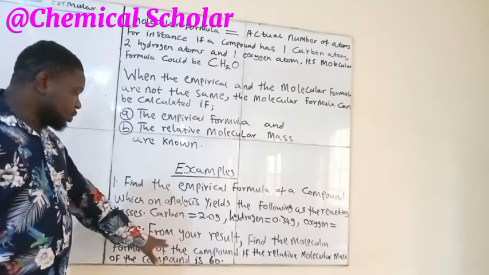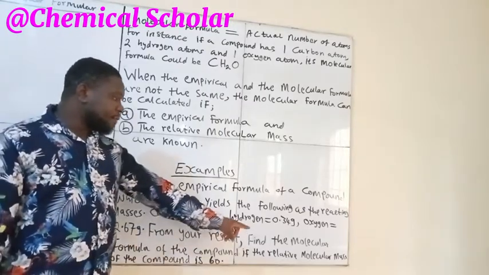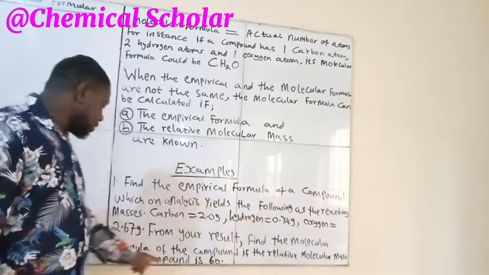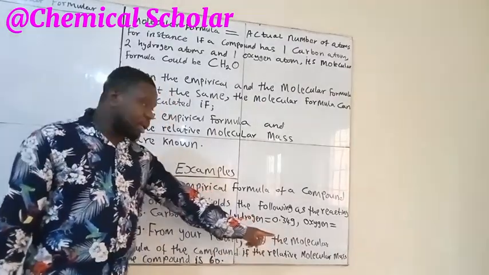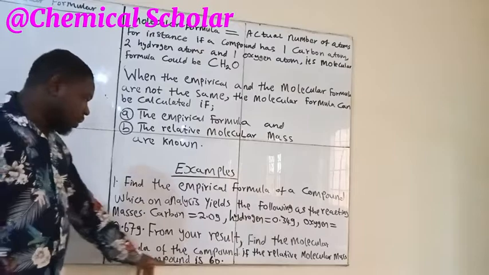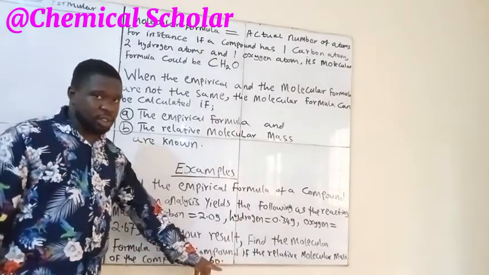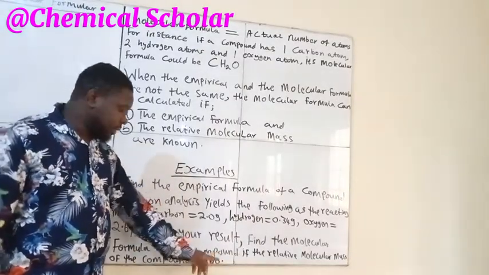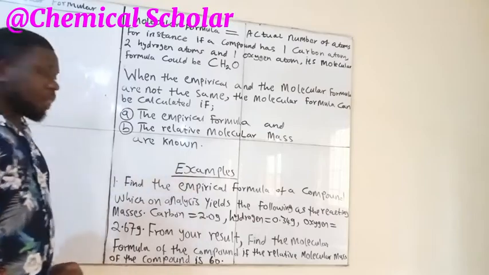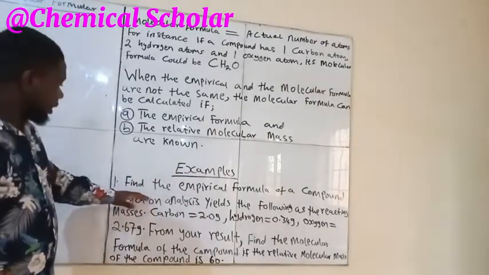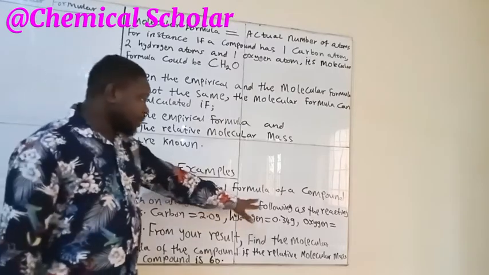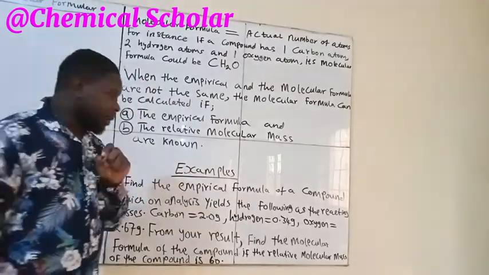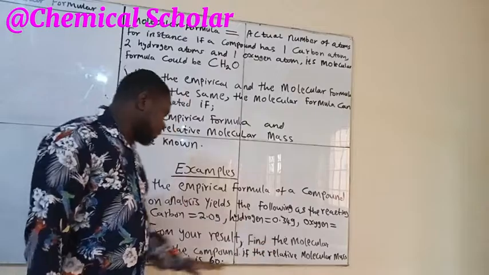And then the question continues: from your result find the molecular formula of the compound if the relative molecular mass of the compound is 60, or let's say 60 grams. Okay? So here we can see that we are looking for two things. We are first going to look for the empirical formula, and then we are going to look for the molecular formula.